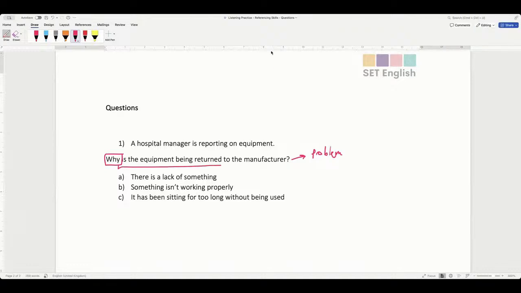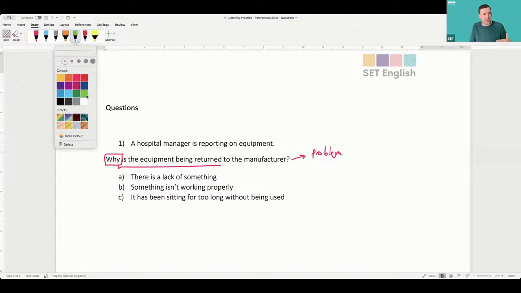So what I would expect is that there's going to be more than one problem. Yes, there's probably going to be more than one problem. Now, if I look at A, B, and C, I need to differentiate between those three. That's how I know that I'm listening to option A or option B or option C.